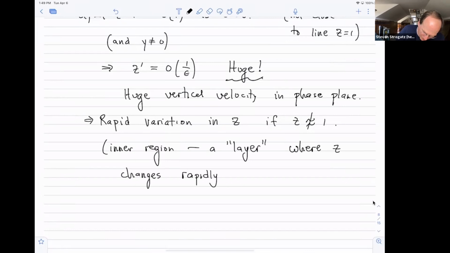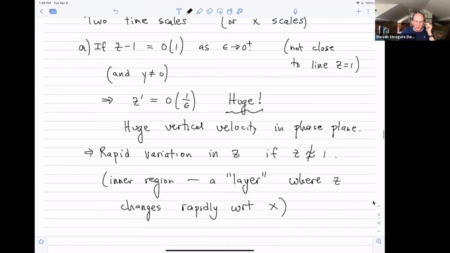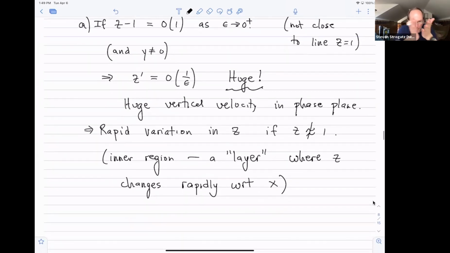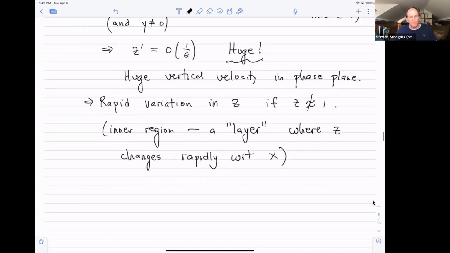Z changes rapidly with respect to X. Are you with me on that? I said there's going to be 2 time scales. This corresponds to a time scale of stuff happening very fast, probably of order epsilon, very short times. Or space scales of order epsilon, because it's a layer of thickness epsilon, it's going to turn out to be.